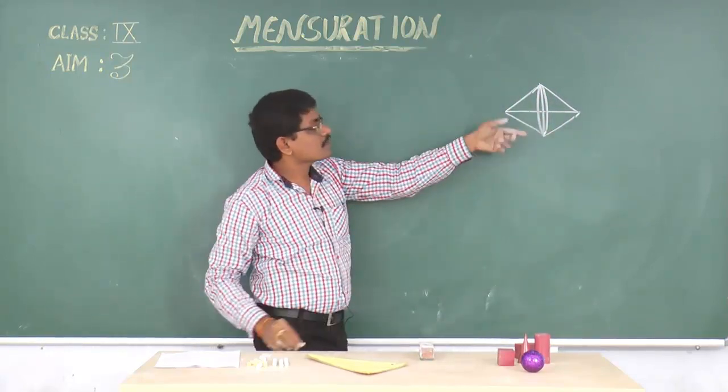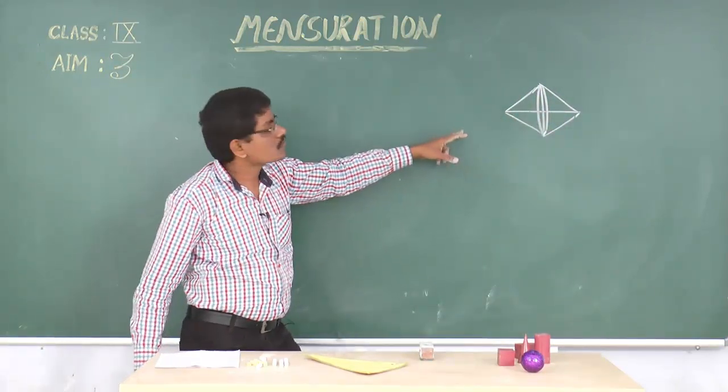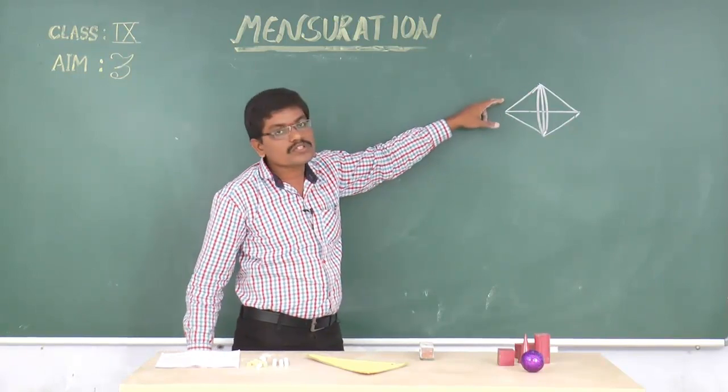It will be rotated along with the hypotenuse, then we will get double cone shape.